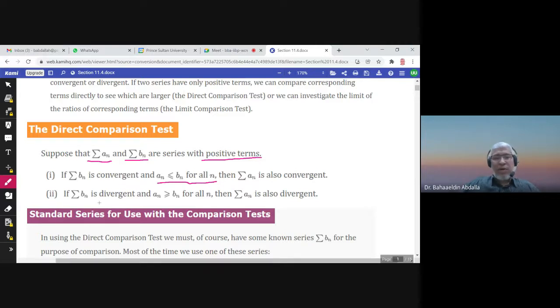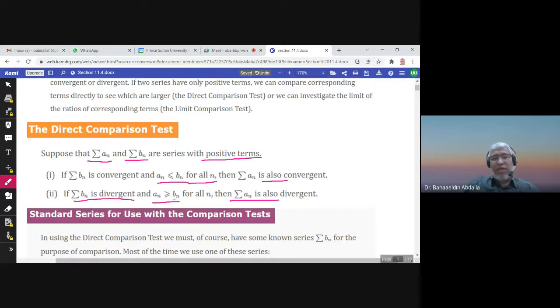The second part, if summation bn is divergent and an is greater than bn, then summation an would be also divergent, because here summation bn is divergent and an is greater than bn.